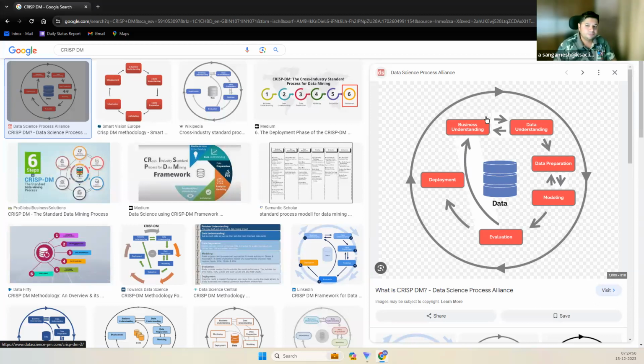Till then, we do the same process. We talk with the business, understand the problem, prepare the data, model the data, evaluate the data, and this process will go on. And when the business says, okay guys, this is absolutely fine with me, then you push it to development.